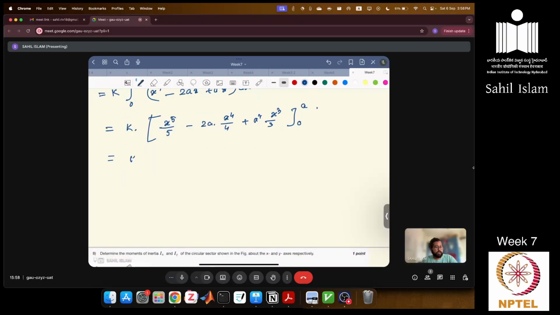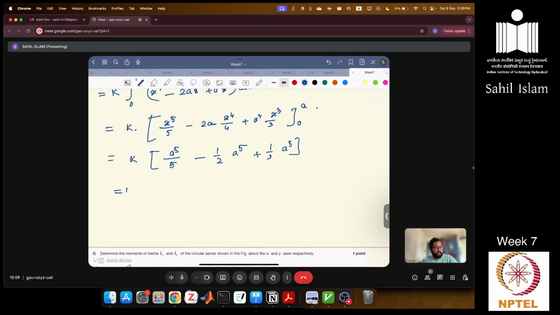That equals k times a to the power 5 by 5 minus half a to the power 5 plus 1/3 a to the power 5.